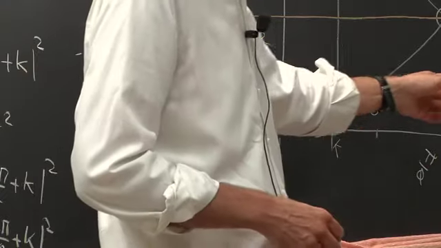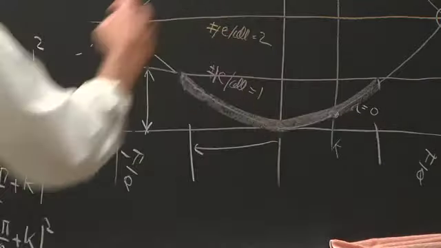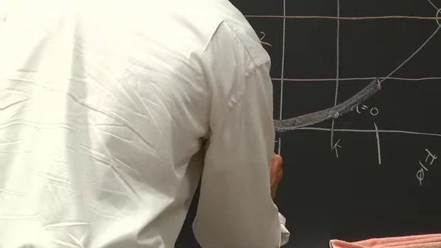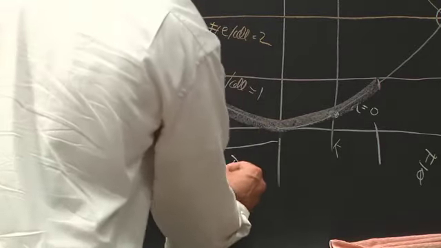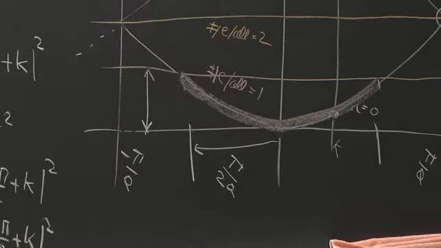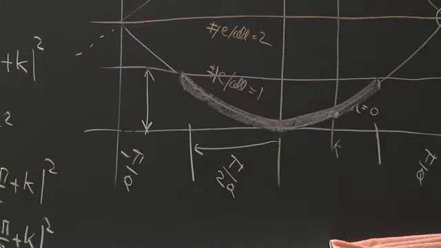So if we want to fill half of them, that corresponds to filling exactly half of the segment corresponding to the full Brillouin zone. So we can say for sure that with 1 electron per cell, the length of this segment is going to be pi over 2a, right? 1/2 of the distance between 0 and minus pi over a. Of course, the same is true on the other side.